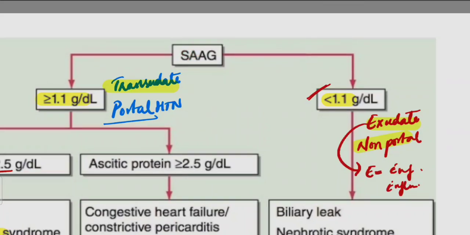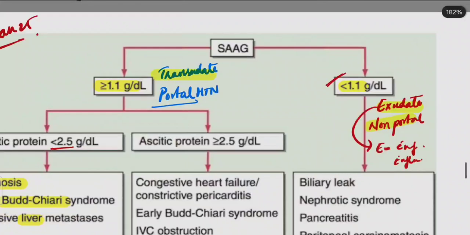So the albumin in the ascitic fluid is less, that is why your gradient is high. And whenever the serum ascitic albumin gradient is less, I know albumin is leaking, that is why your gradient is low. But never mind, even if you don't remember the concept in the exam, we know H for high, H for hydro, water is transudate, low will become exudate.